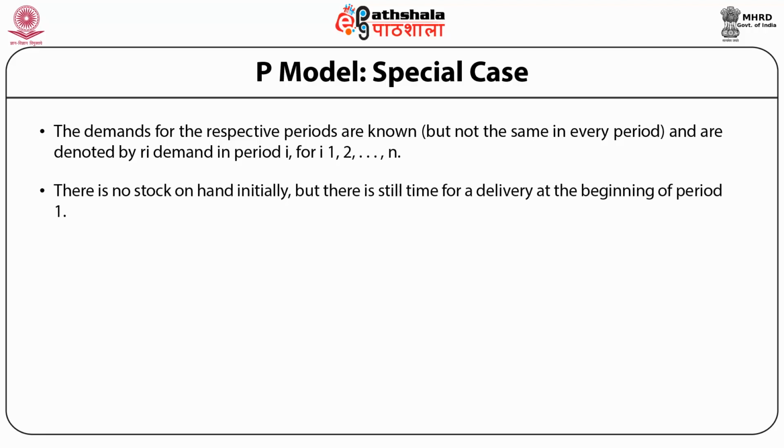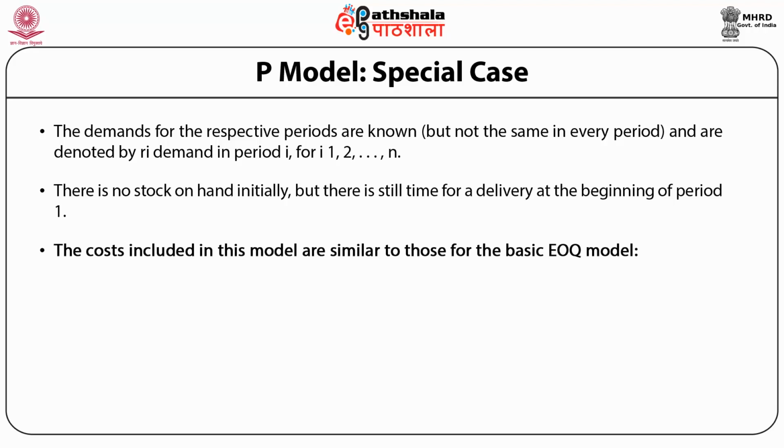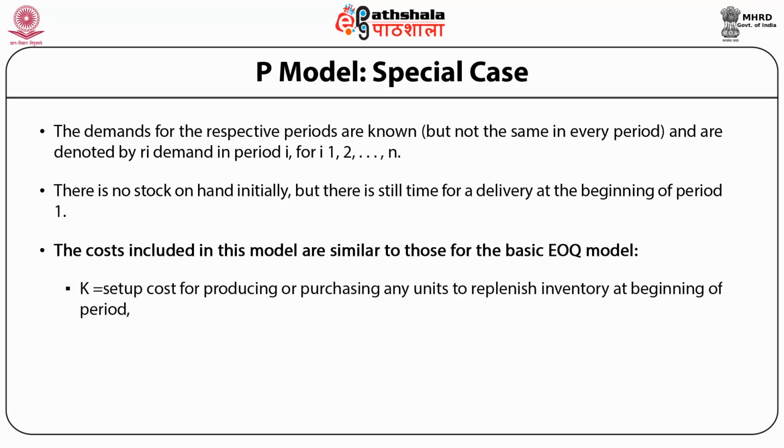There is no stock on hand initially, but there is still time for a delivery at the beginning of period 1. The costs included in the model are similar to those of the EOQ model. K equal to setup cost for producing or purchasing any units to replenish inventory at the beginning of a period.